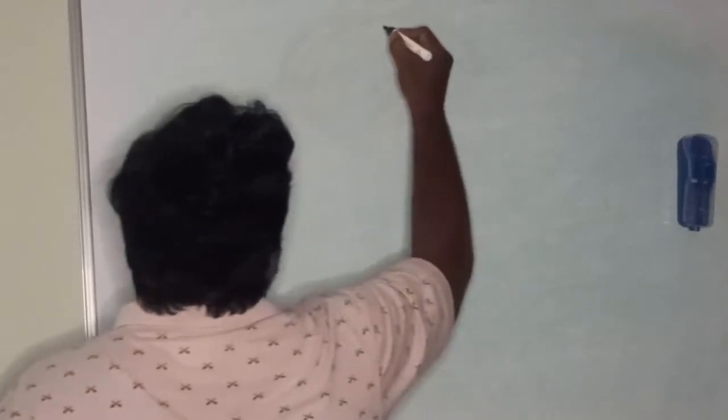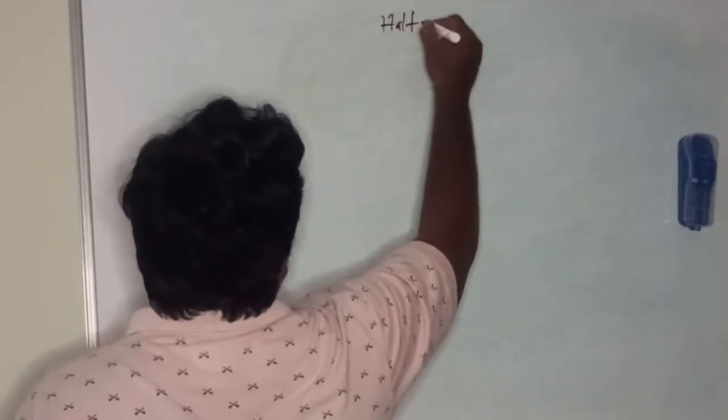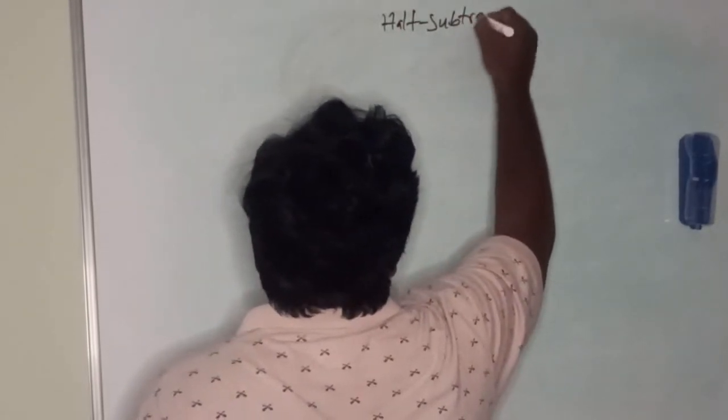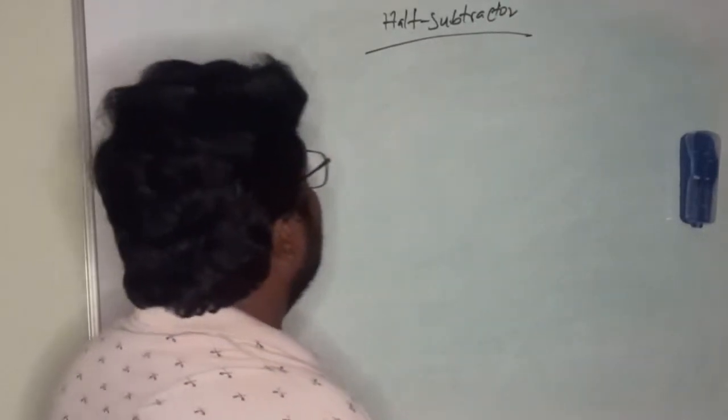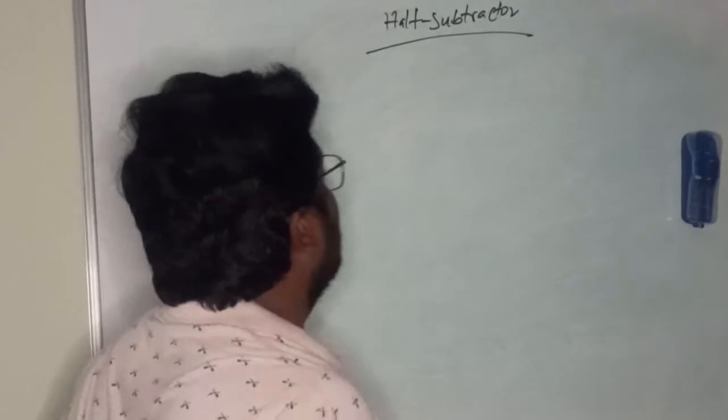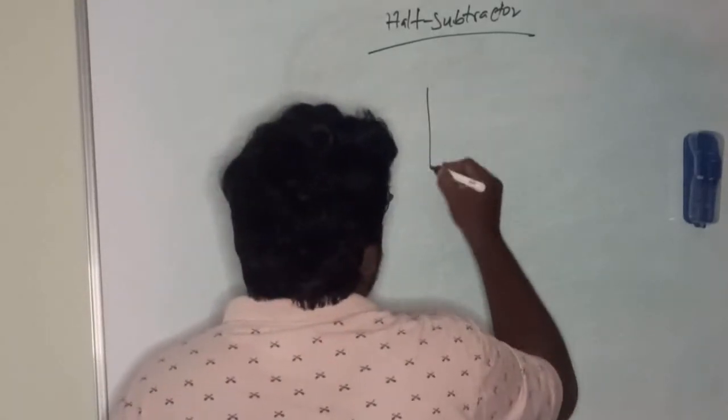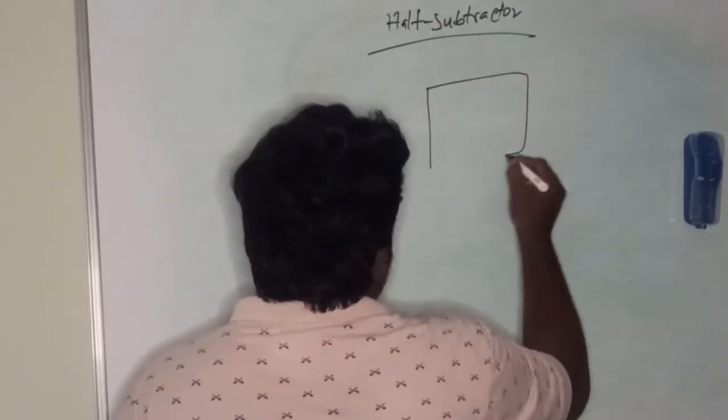So let us see the half subtractor first. The block diagram for the half subtractor will be like this.